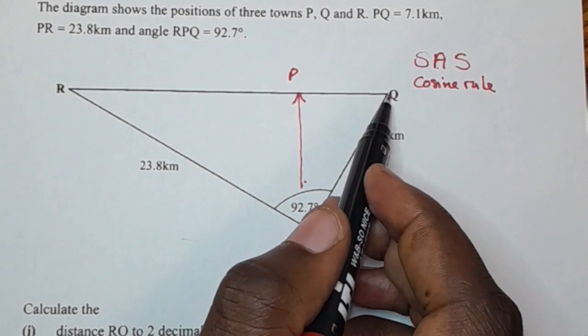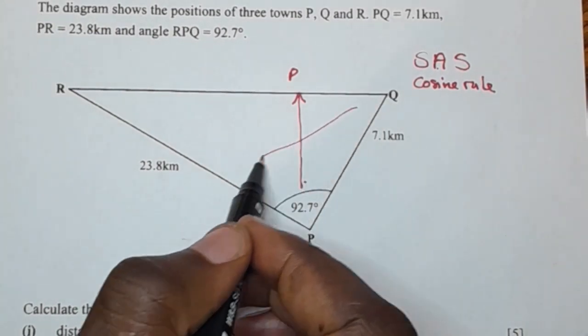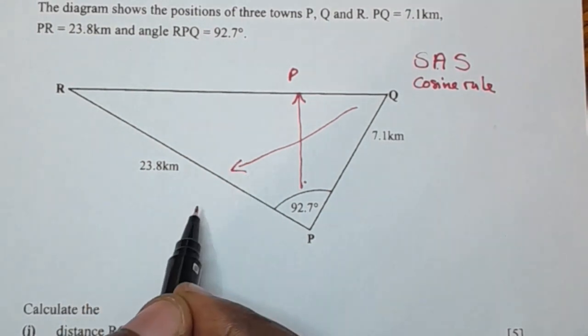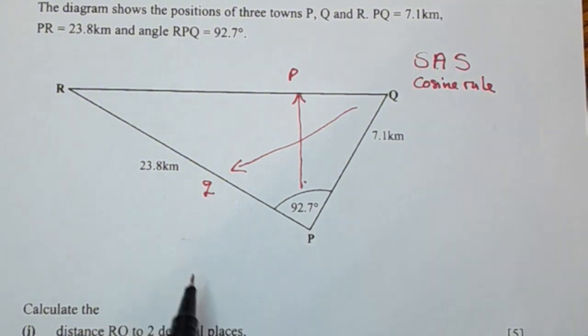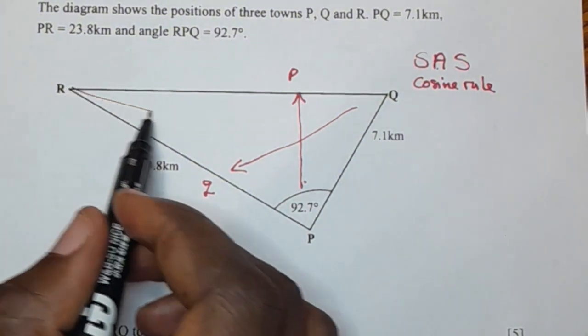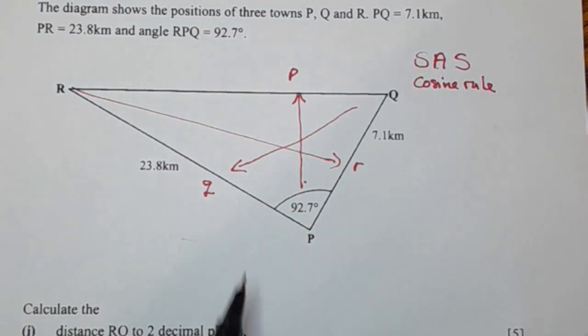Again, you have capital letter Q, so on the opposite side you are going to have a small letter q. The same with R, we are going to have small r on this side. With this, we can now apply the cosine rule.